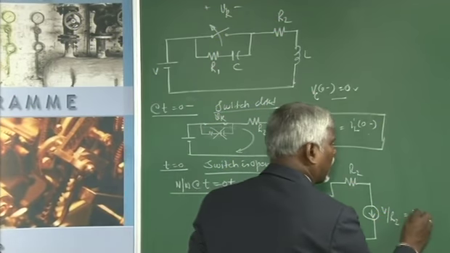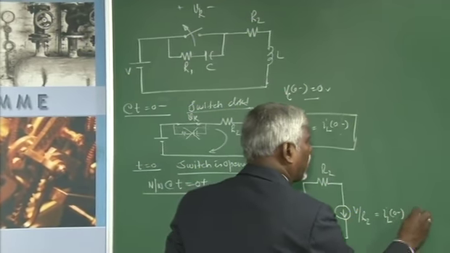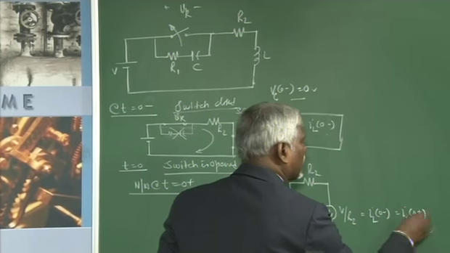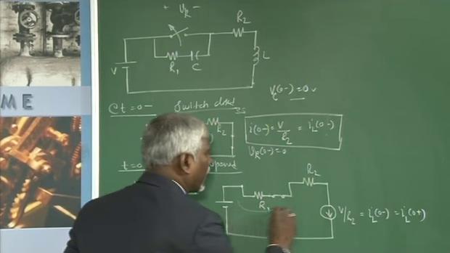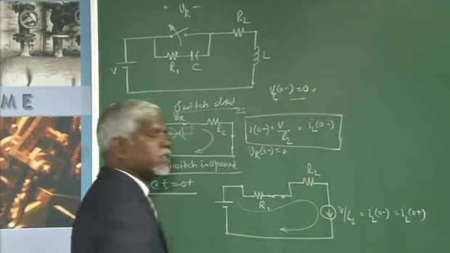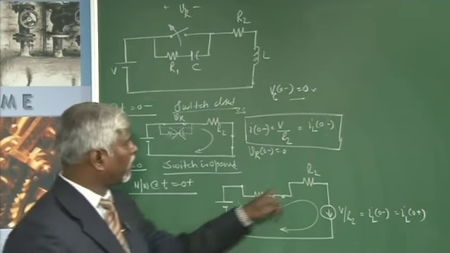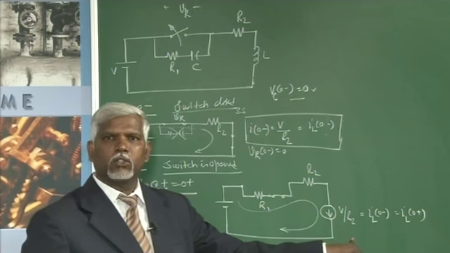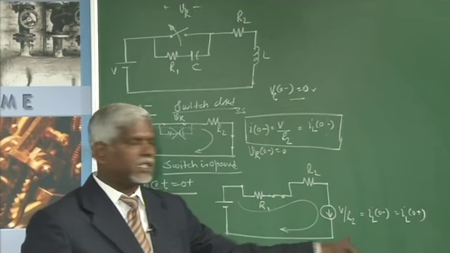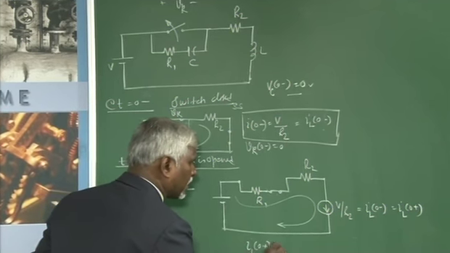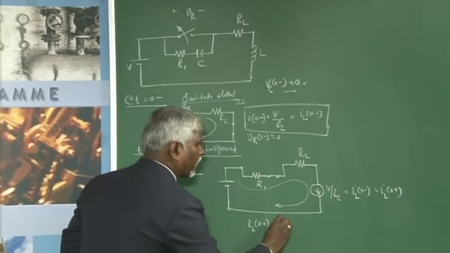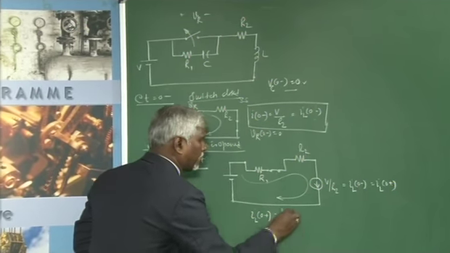So with this we can say the loop current is the same, V by R2. It is not V by R1 plus R2, because there is a current source in this loop, it will not allow any sudden change in current. So the current through the inductor at 0 plus, immediately in this circuit, will be V by R2 only.